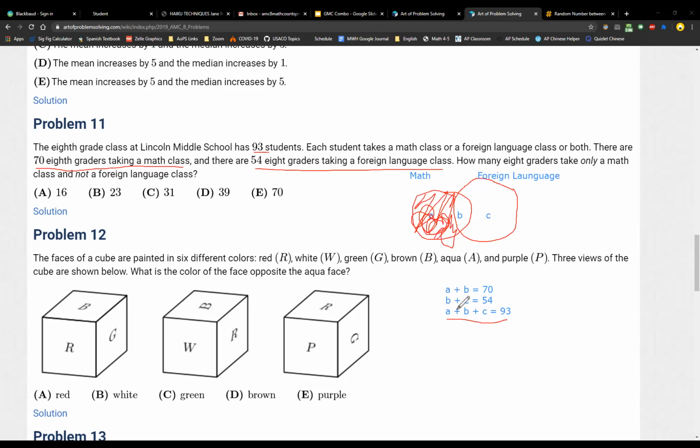So we have these two equations. And this first one's actually irrelevant, so I'm just gonna cross it out. So we have those two, and we want to find A. So we subtract second and third equations. This gives us A is equal to 93 minus 54, which is 39. And 39 is just this answer. So the answer is D.